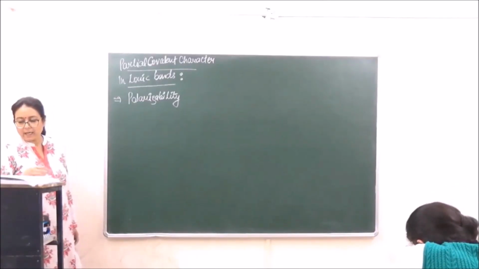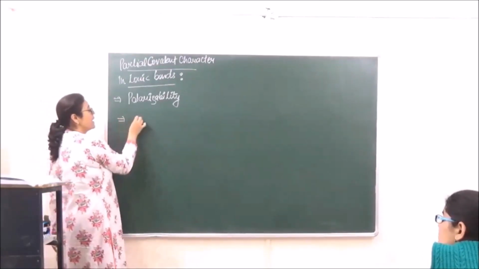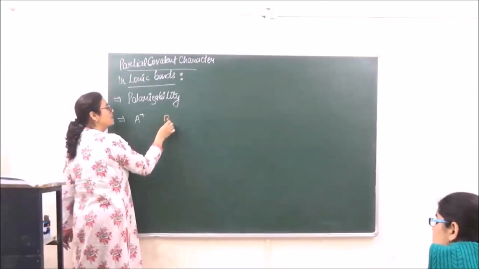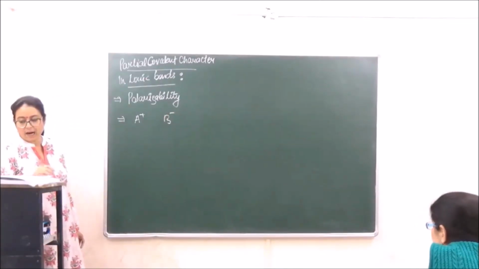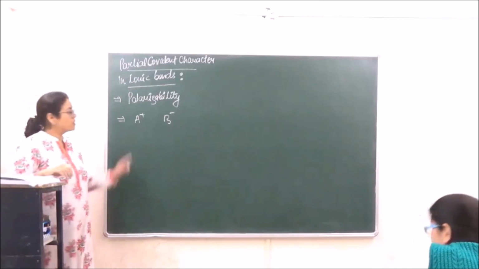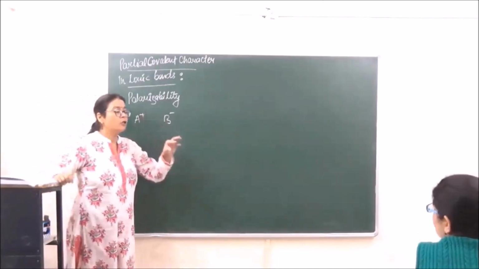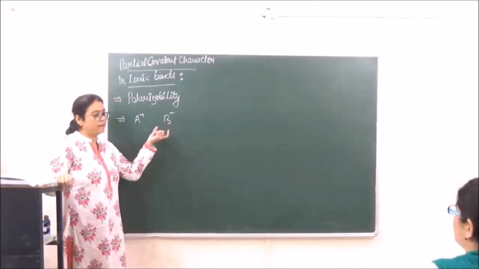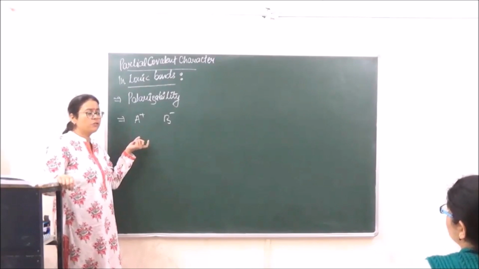Now, when two oppositely charged ions, that is, a cation and an anion, are brought together, the positive charge is going to attract the outermost shell of the anion, because the positive charge is deficient of electrons.